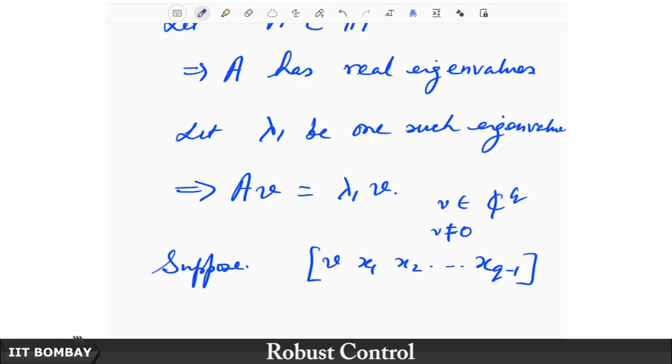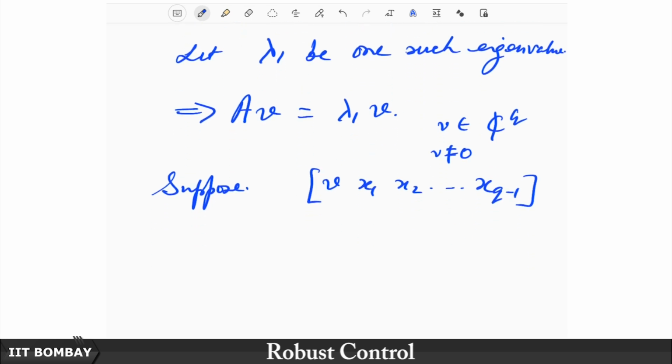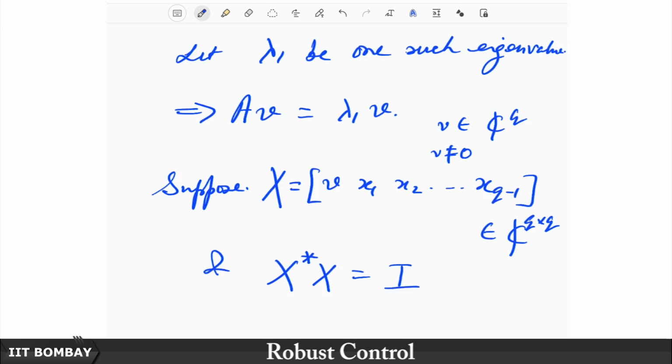These are just stemming from the definition of the eigenvector. Suppose you choose this matrix, this then belongs to C^(q cross q), and X is also a unitary matrix. You can always do this.